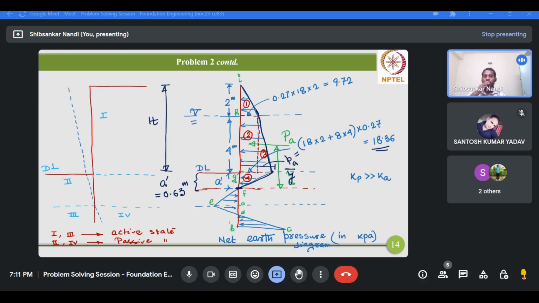So we have divided this diagram into 4 regular geometries, that is rectangles and triangles. We could combine 2 and 3 and take a trapezium also, though we are not doing that. For all these 4 components we have to calculate the forces one by one and the corresponding lever arm from the point of zero pressure.